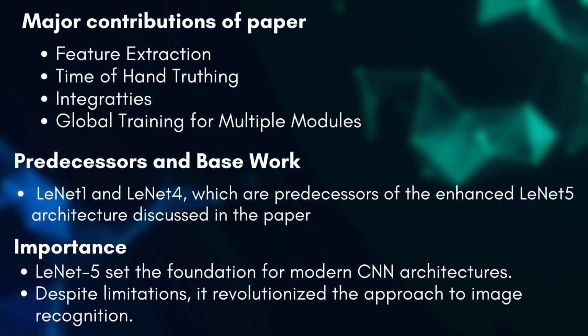Handcrafted algorithms were needed to identify important patterns. But this paper introduced something revolutionary: gradient-based learning applied to CNNs. Instead of manually crafting feature extractors, the network learns the features directly from the data. This eliminates human intervention and vastly improves accuracy by allowing the system to learn from examples.